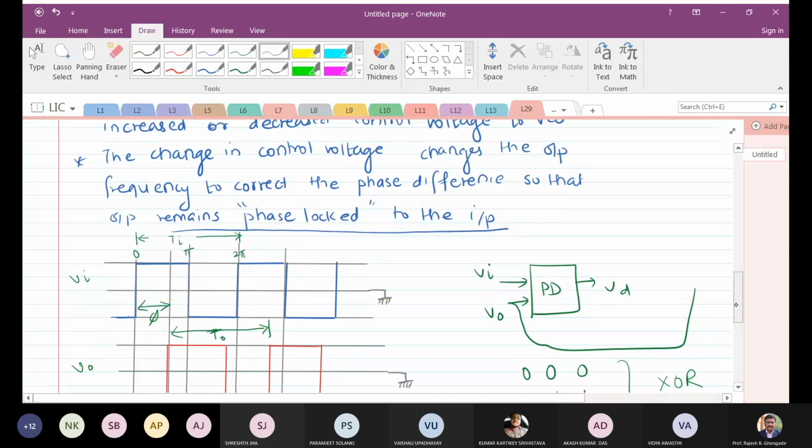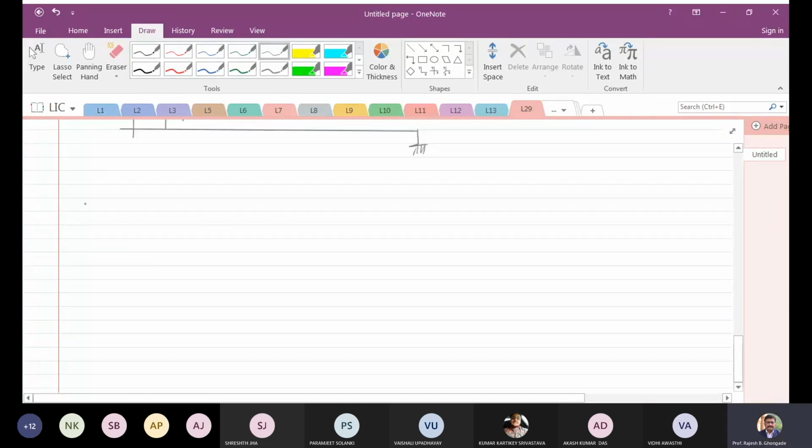Obviously, let us say if the phase difference is exactly 90 degrees. Okay, now I'll be drawing a rough figure because now we have understood. So this is your VI. VO, let us say, is having exact 90 degrees phase shift.